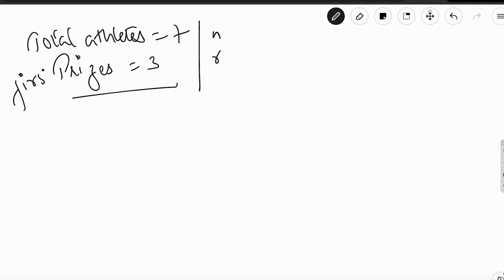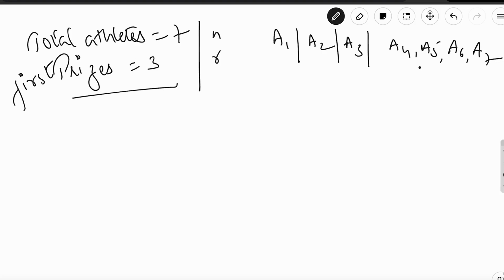So it means the athlete who comes at position 1, the athlete who comes at position 2 and the athlete who comes at position 3. For the rest, A4, A5, A6 and A7, there are no prizes. If we talk about the thought process, no specific athletes are mentioned here. These could be any 3.